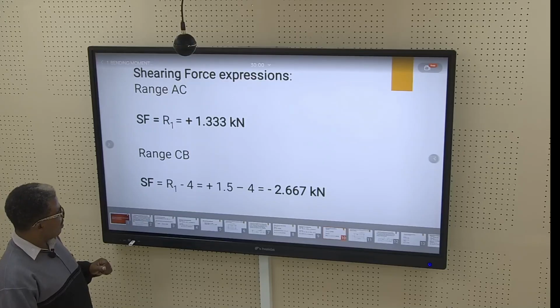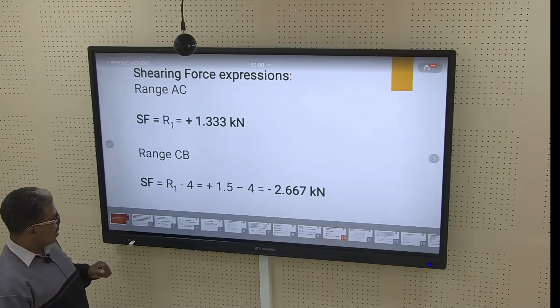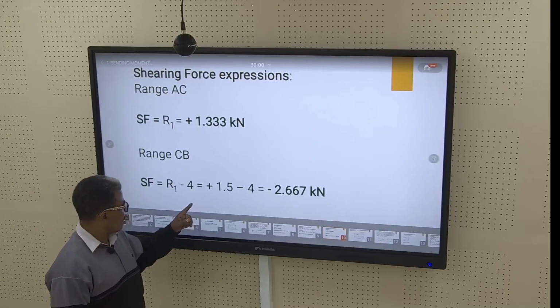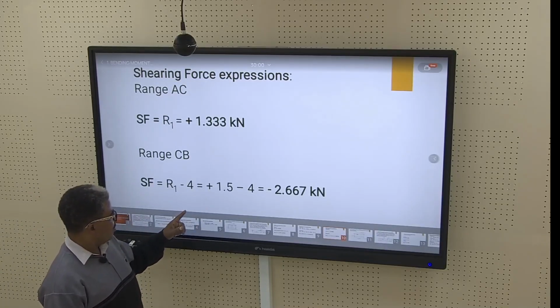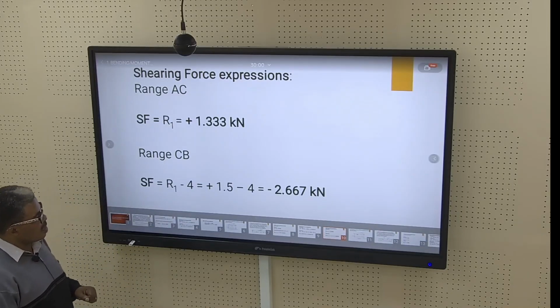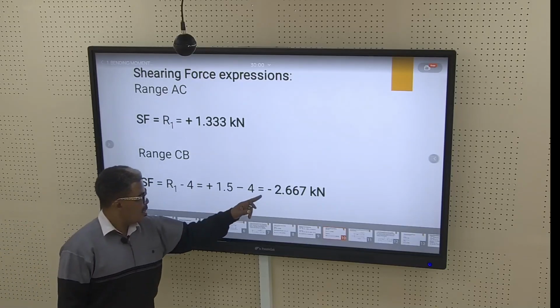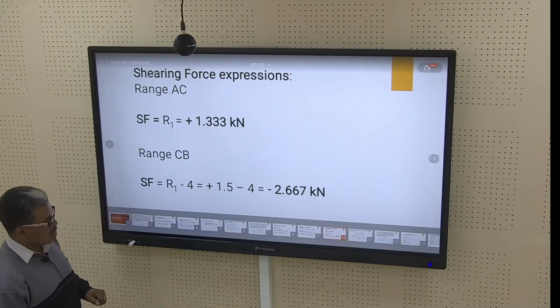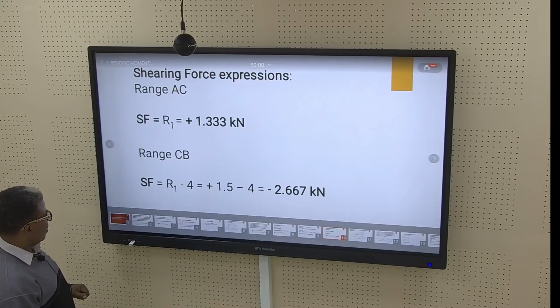R1 minus 4, and the R1 is known, 1.33, positive minus 4, it becomes negative 2.667 kilonewton. The negative sign indicates the direction, that is downwards, and positive, for our case, means upwards.